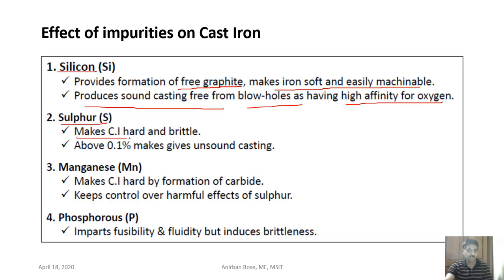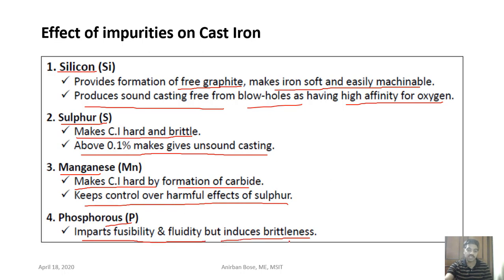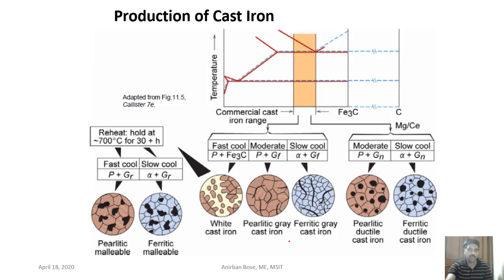Now let us look at the phase diagram again and see the processes by which all the grades of cast iron that we have just seen are obtained. Suppose you are at the liquid condition and you are cooling it. Depending upon the cooling rate, you get different structures.